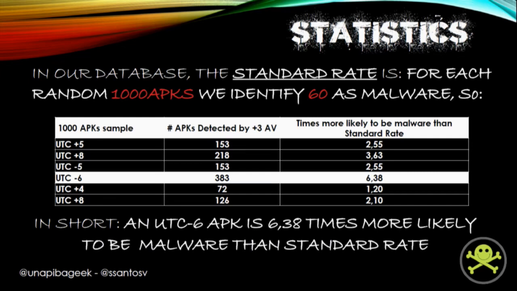And we conclude that, compared with our standard rate, 1,000 applications, which is 6% of malware, a random set of applications with UTC plus 8 makes it 6 times more likely to be malware than our standard rate in our database.